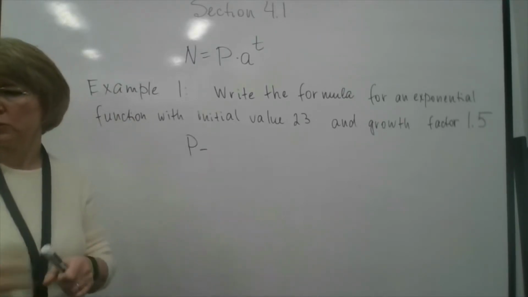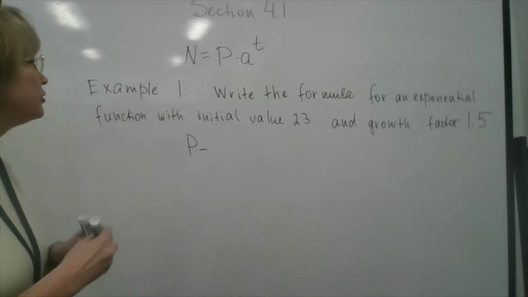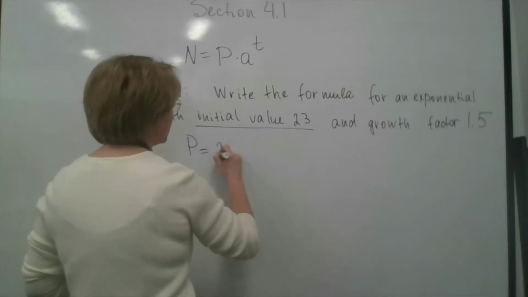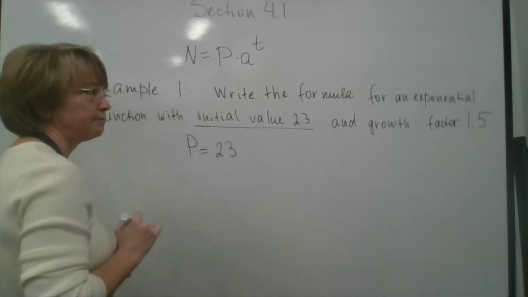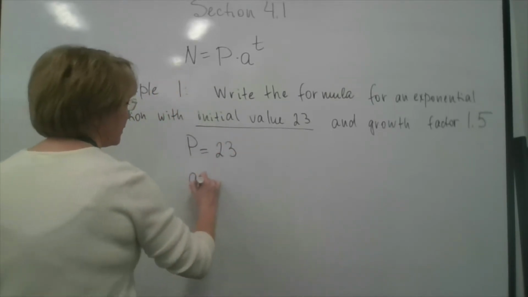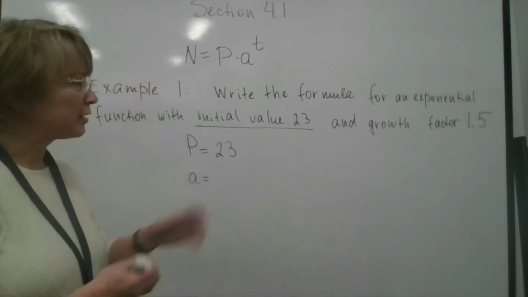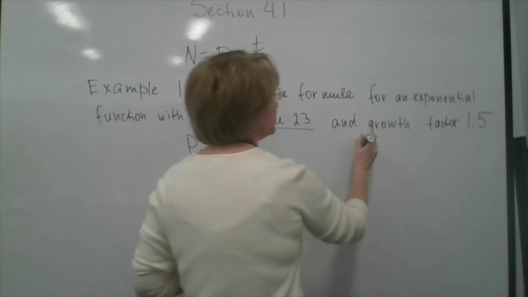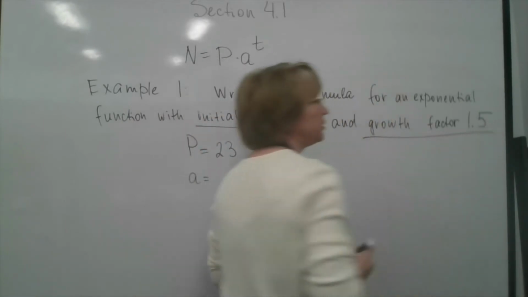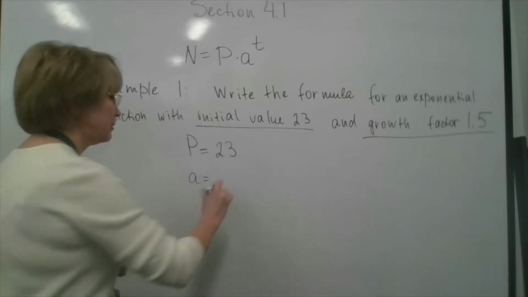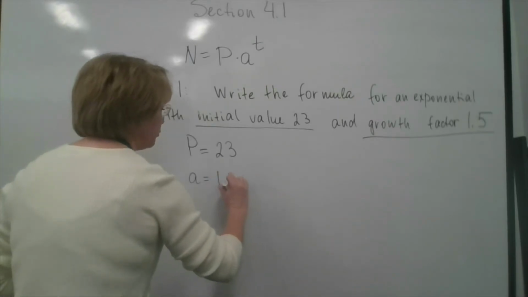Yes, we know the initial value. The initial value is 23. So your P is equal to 23. A is our factor. Do we know the factor? Yes, it says the growth factor is 1.5. It means A is equal to 1.5.